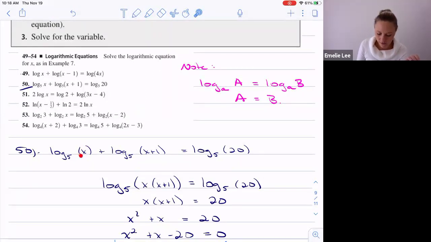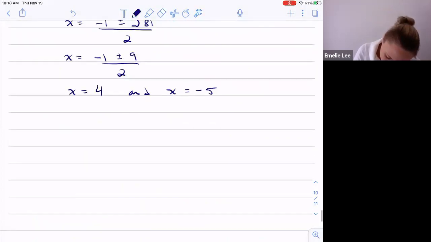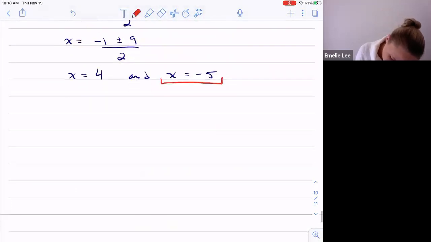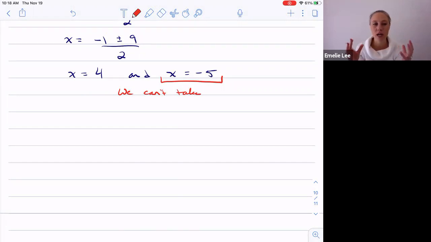Because we have just log of x here, and then we have x plus 1, we need to remember that we can't take the log of a negative number. So here, in red, because it's important, we can't take the log. So negative 5 is a solution to that quadratic, but we have to extend it to the log.